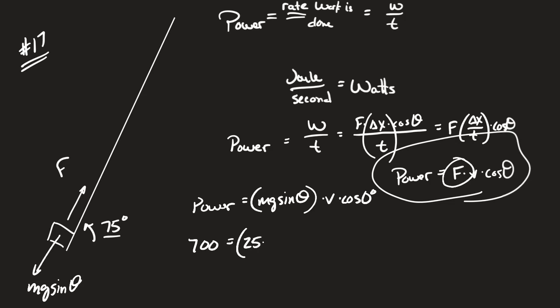The mass was 25 times 9.8 times the sine of 75 degrees, all times v. This will not get you the answer that Mastering wants. This will get you the actual velocity up the ramp. They want the component upwards. So they'll have to multiply by the cosine of 75 degrees.